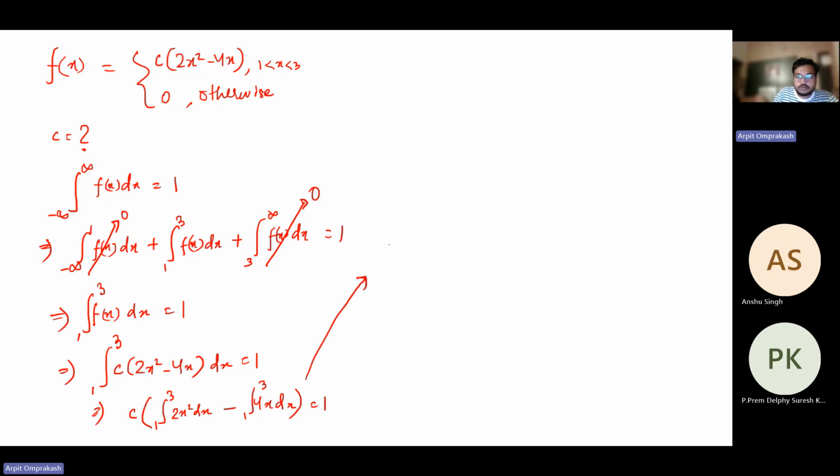That implies c into 2x cubed by 3 minus 4x squared by 2.